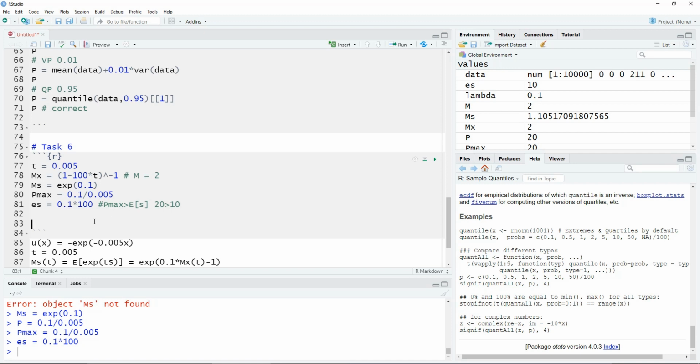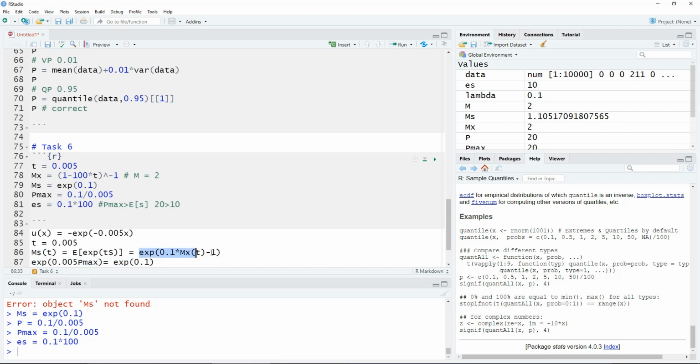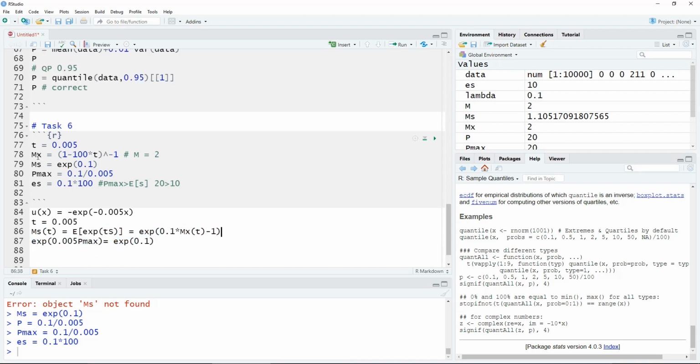We just need to know the moment generating function for M_S and for M_X. For M_S it was the exponent of this, and then we extracted M_X, the moment generating function for X, and then calculated Pmax. So the result: the insurance contract will be signed.